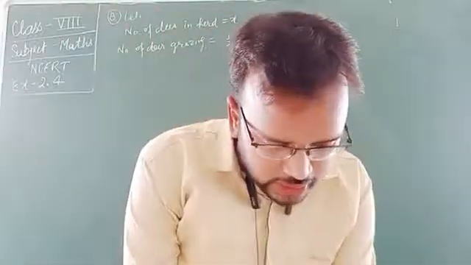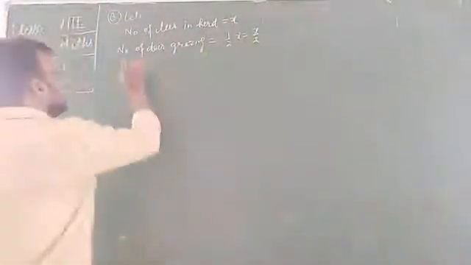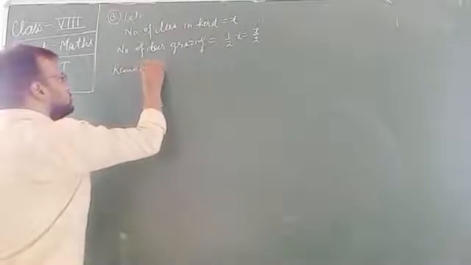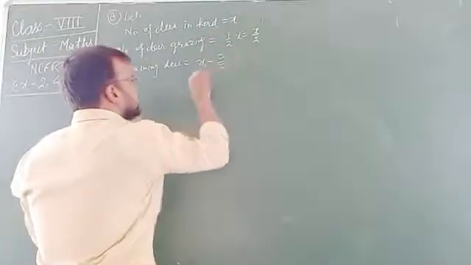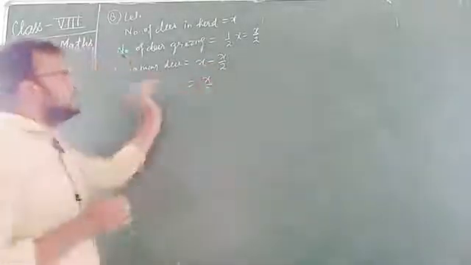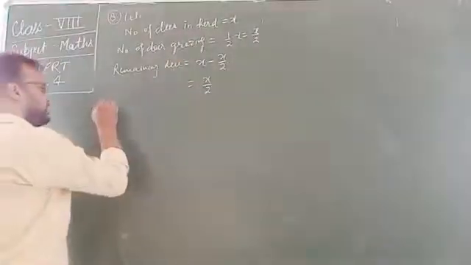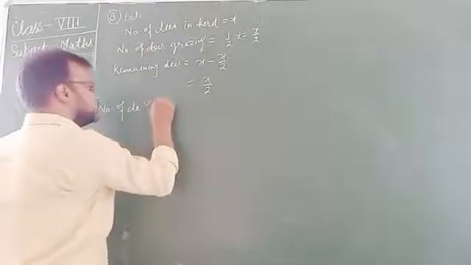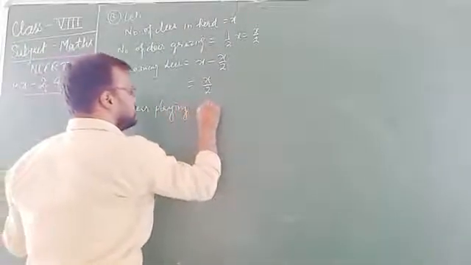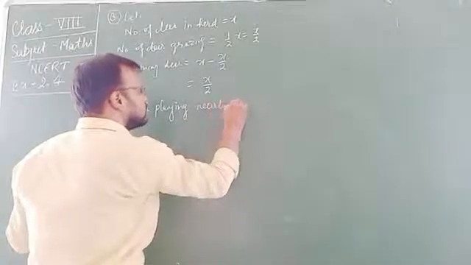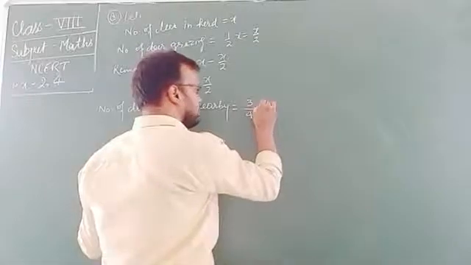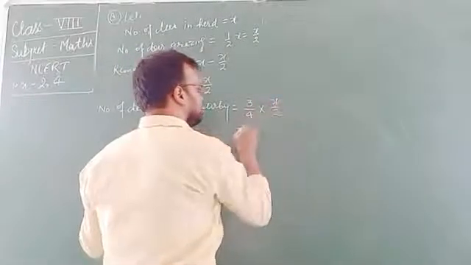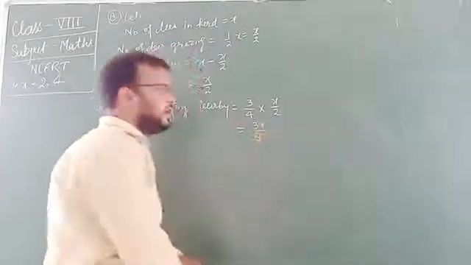Now, 3/4 of the remaining. Taking the remaining: the total number is x, and x by 2 are grazing, so the remaining are x by 2. Number of deer playing nearby equals 3/4 of the remaining. 3/4 of the remaining x by 2 is 3x by 8.